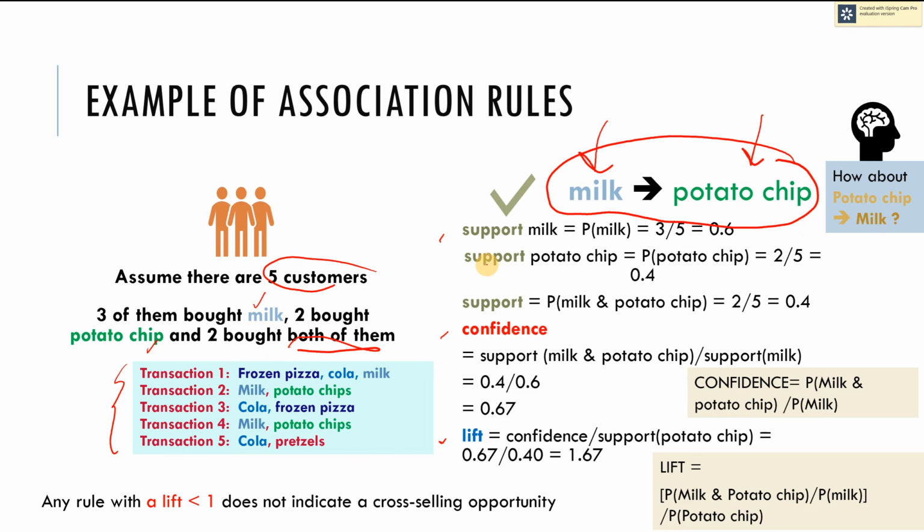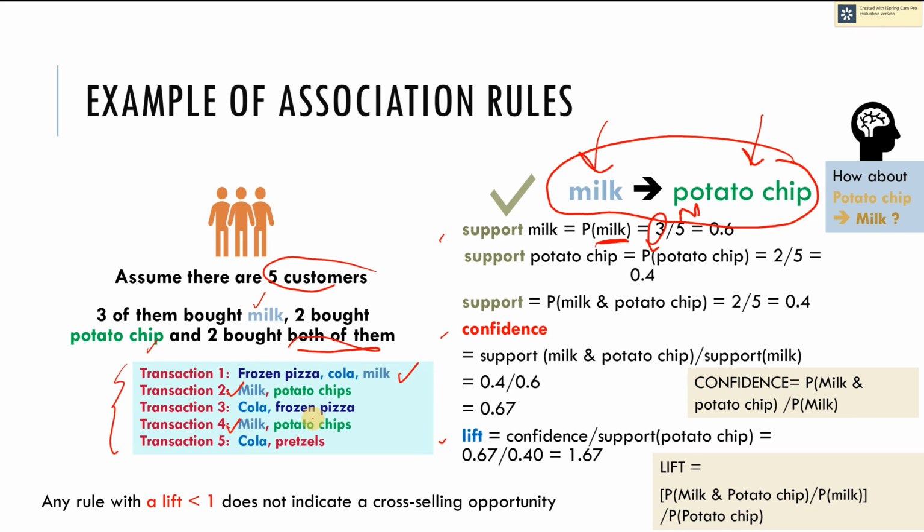If we would like to see the support, or the frequency, of people who bought milk, we will use the calculation of support of milk. P(milk) will equal how many? Take a look at the transactions here. How many times does milk occur? 1, 2, 3. So that is why we say 3 here, over all transactions.